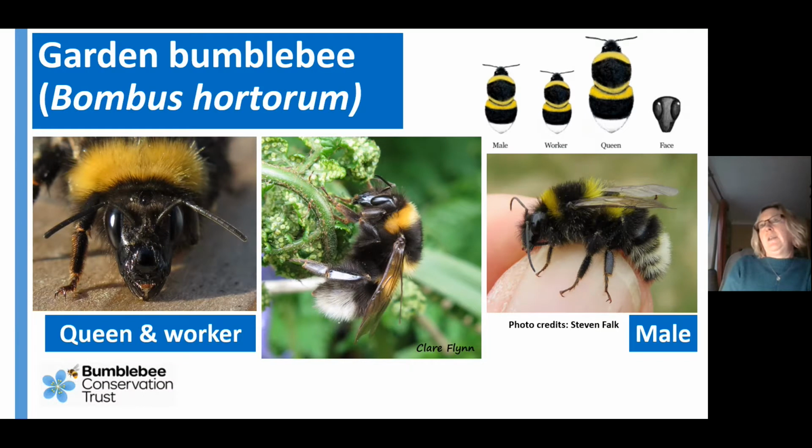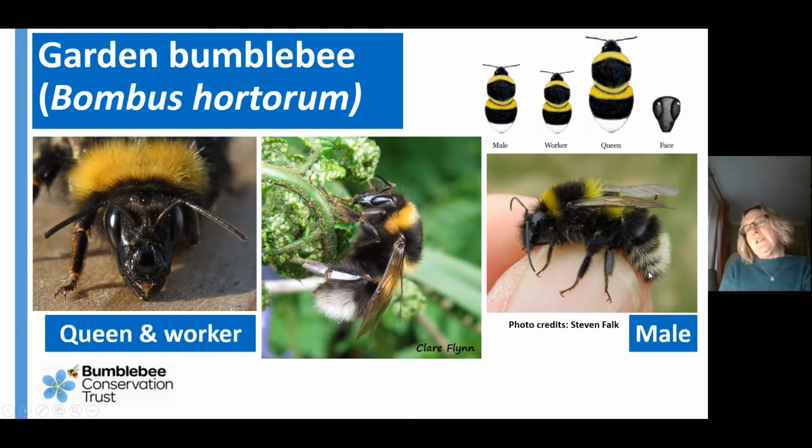Okay, and that's most of the photographs, I should say, they're either Stephen Falk's or mine, and they're credited as such where appropriate. I should have mentioned that. But this male, which is one of Stephen's photographs, so this is the garden bumblebee, and like his sisters and his mother, he has 1, 2, 3 yellow bands and a white tail.